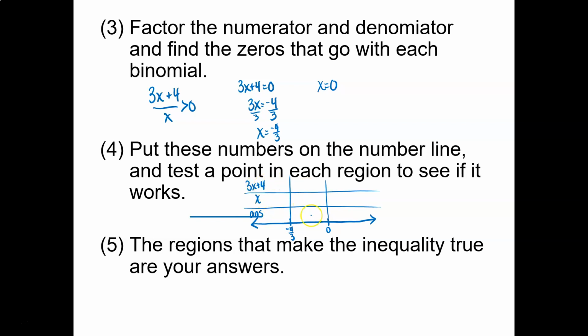So 3x plus 4, it's going to be negative if you plug anything below negative 4/3. It will be positive for numbers bigger than that. x is negative when you plug in a negative number, positive when you plug in a positive number. So for your answer, down here, you'll get positive, negative, positive.